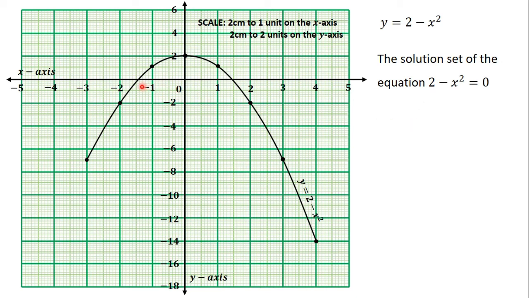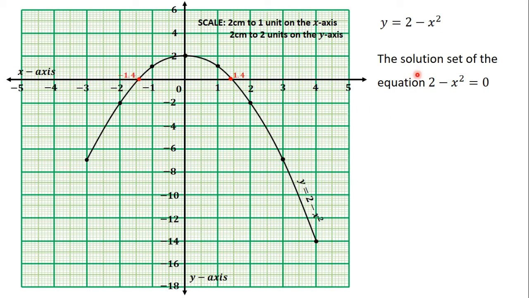The curve intercepts the x-axis at this point and this point. So you read the x value here and you read the x value here to get the solution. From my graph, the x value here is minus 1.4 and the x value here is 1.4. So the solution of this equation 2 minus x squared is equal to 0 from the graph is minus 1.4 and 1.4.